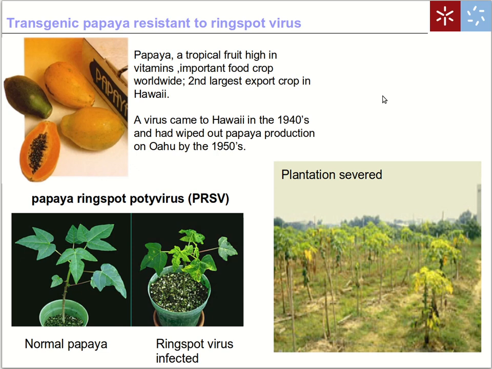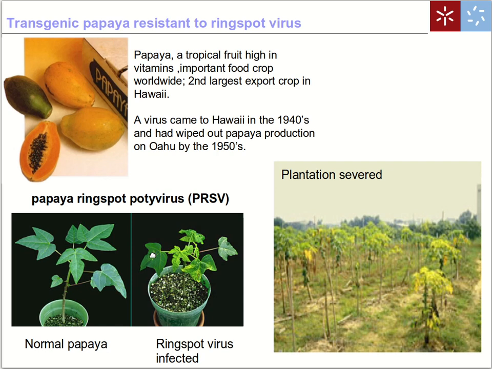Papaya is a big commercially important product in Hawaii, and what happened in Hawaii in the 1940s was that the Second World War brought lots of people and other things to the islands, and among the things that they brought was the ring spot virus that affects the papaya plant. You can see here the difference. This is a normal papaya plant, and this is one affected by the ring spot virus.